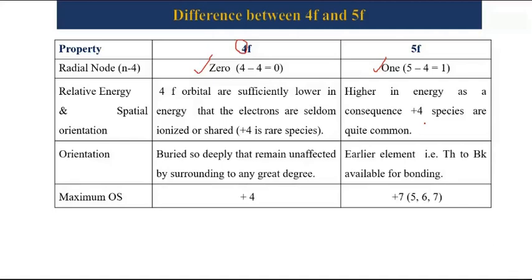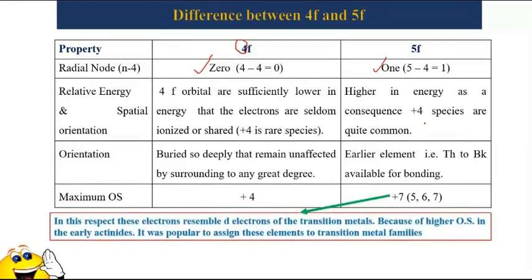So in conclusion, I can say that 5f block elements show variable oxidation states, ranging from +3 to +7 or +4 to +7 as per your choice. The same characteristic is reported in the case of transition elements. That's why there was a confusion, and it shows the resemblance of 5f block elements to transition elements.